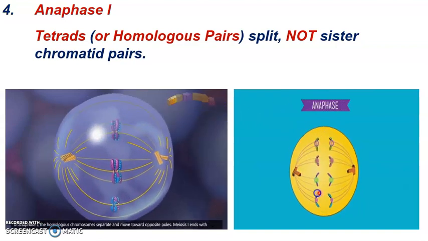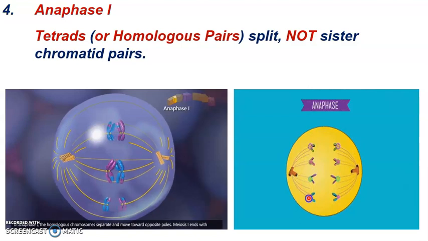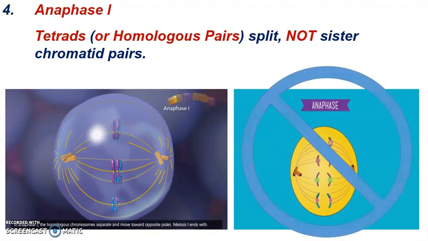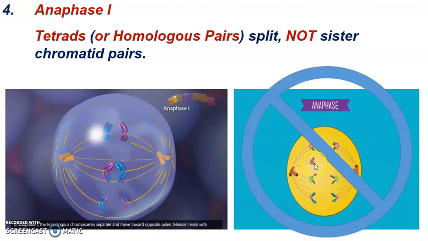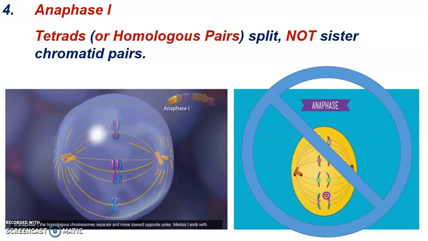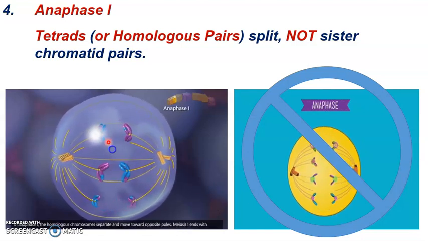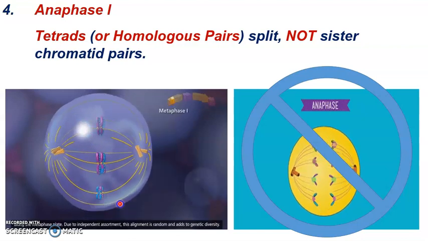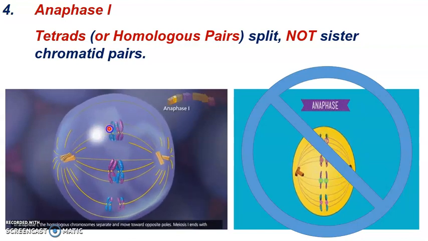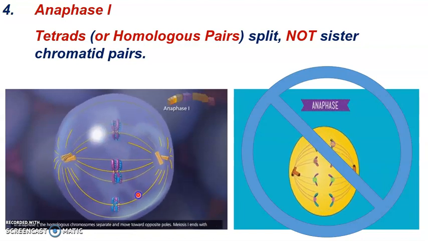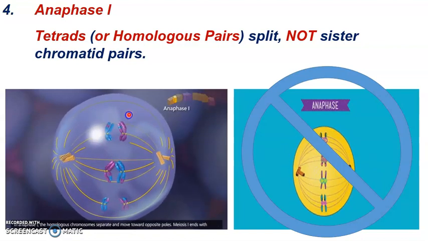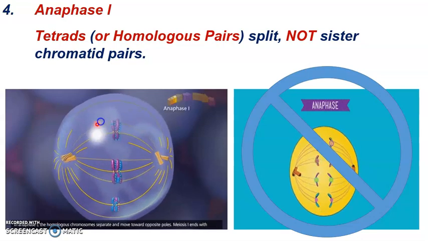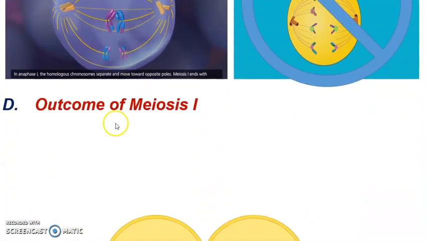So again, over here, this is not what you're seeing in anaphase number 1, where the chromosome number would go in this instance from 1, 2, 3, 4 to 8. You're starting off here with 2, 4, 6. And once they split, you still see 1, 2, 3, 4, 5, 6. All you're doing is splitting the tetrads or homologous pairs.